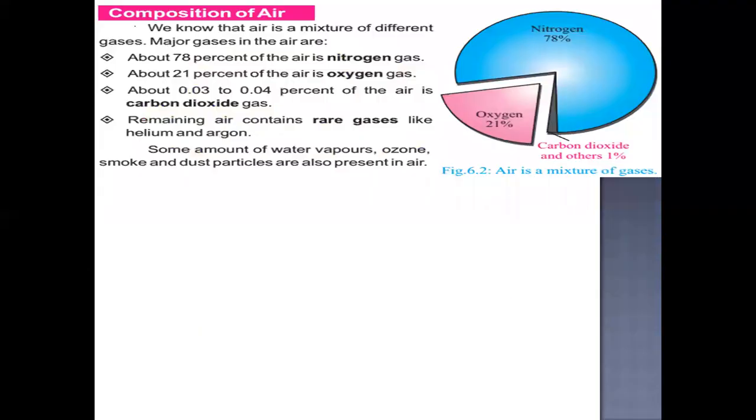Now we will see the composition of air, because in the previous slides we were just talking about oxygen or carbon dioxide, but there are lots of other gases present in the atmosphere, in the air. The first major gas present is called nitrogen, which is about 78%.